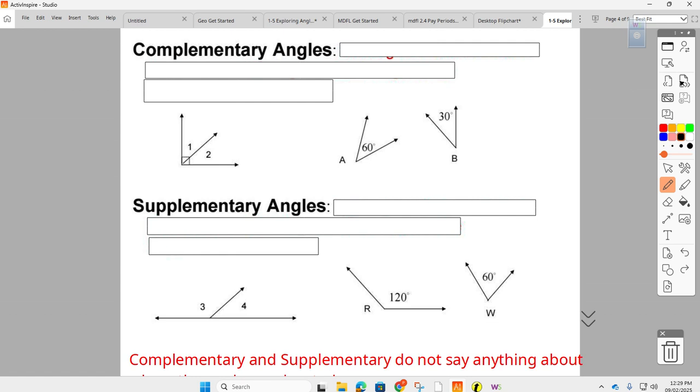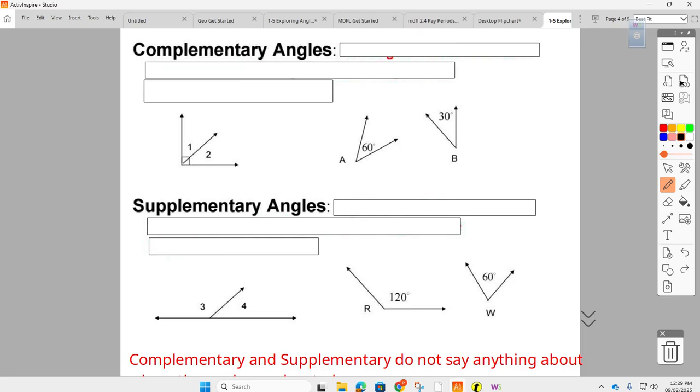So you're close. What do you mean when you say complementary is 90 and supplementary is 180? Well, 90 degrees is the right angle, right? So you vaguely, you've been taught it before, right? So you're remembering something that's not quite all the parts.